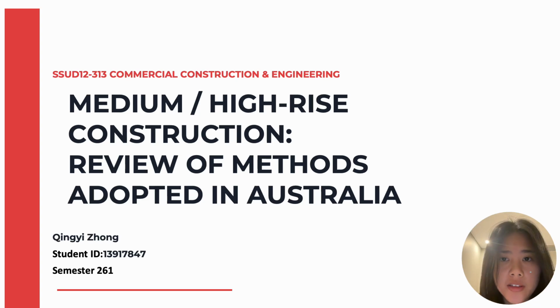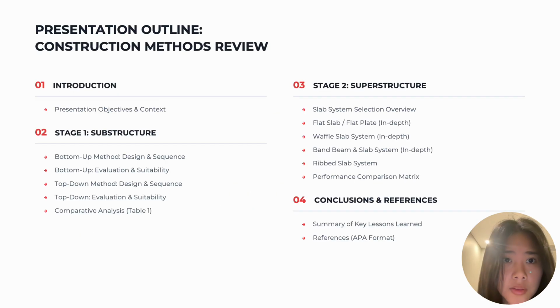Today I will present my project on medium and high-rise construction methods adopted in Australia. This presentation focuses on two main parts, substructure construction and superstructure systems. This presentation is divided into two main stages.